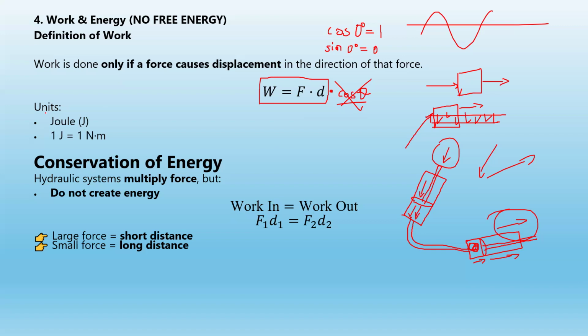Alright, unit of work is joule, and 1 joule is 1 Newton meter. When the force of 1 Newton moves an object 1 meter, then we have done the work of 1 joule. If we apply the force of 1 Newton and that thing doesn't move, we have lost energy.